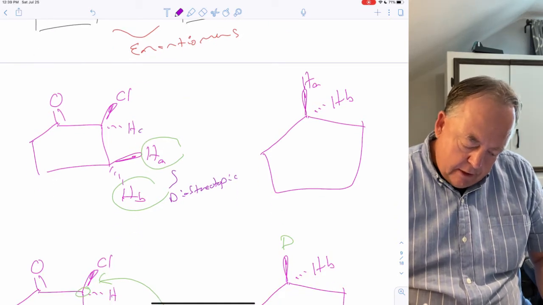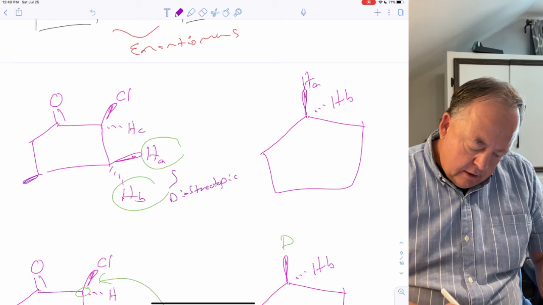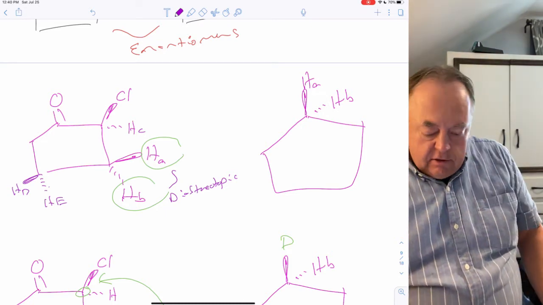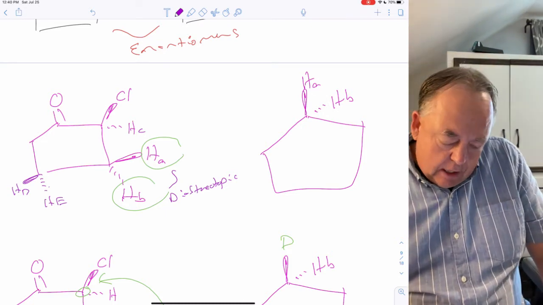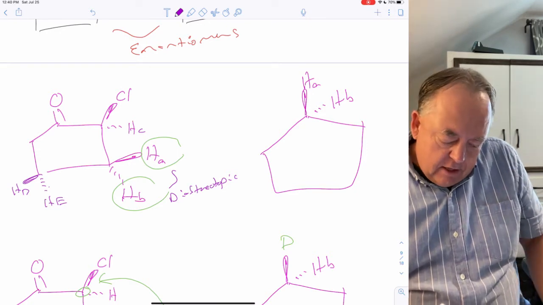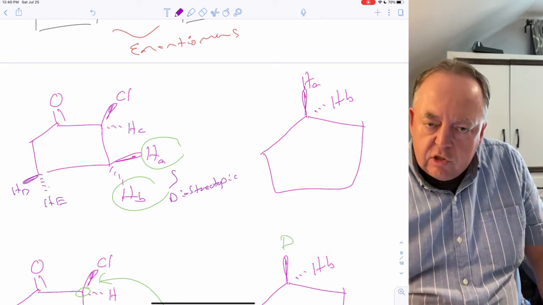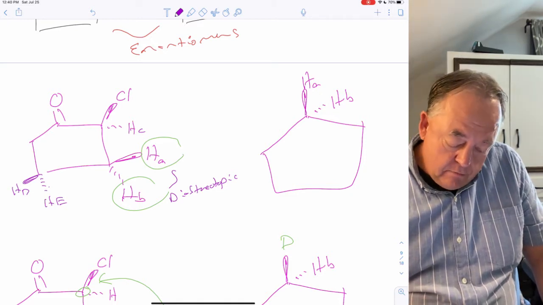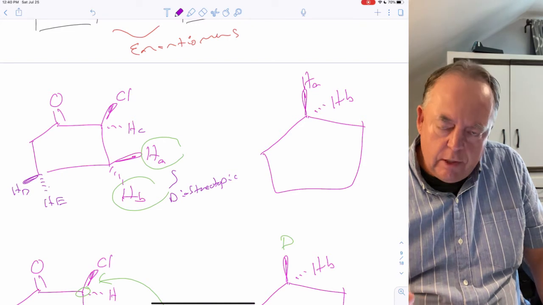All right, so what does that mean? So if we call this HC, and then if we bring in these hydrogens over here, that means since HA and HB are diastereotopic, HC can split with them differently, so it would probably be a doublet of doublets. And then HD and HE can also split with HA and HB differently. So the spectra would be much more complex than the simple N+1 rule.